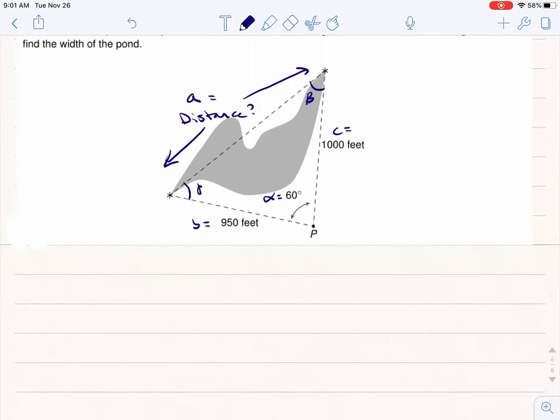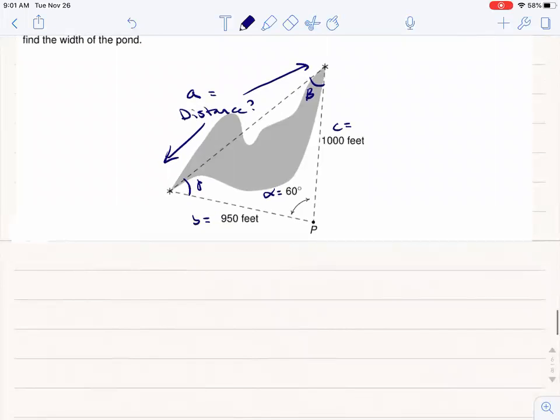The only reason I labeled those is to be able to see which formula I can use. Because then I can say, okay, if I know B and I know C and I know alpha, I'll be able to solve for A. But as long as you used your pairs correctly, it doesn't matter how you label these.